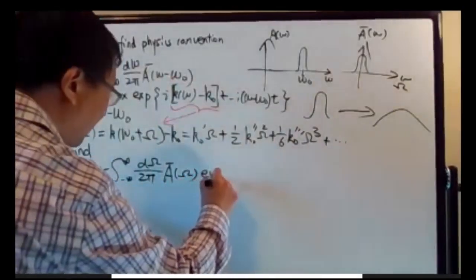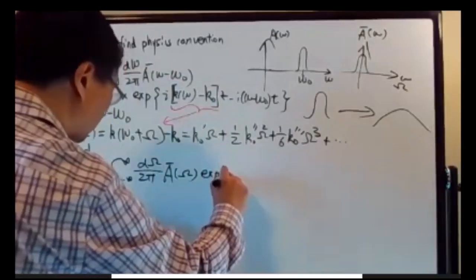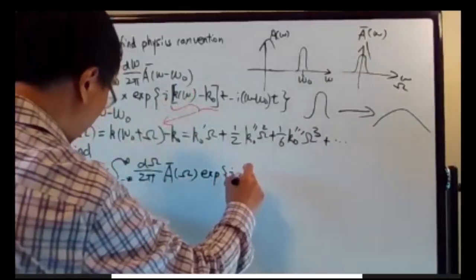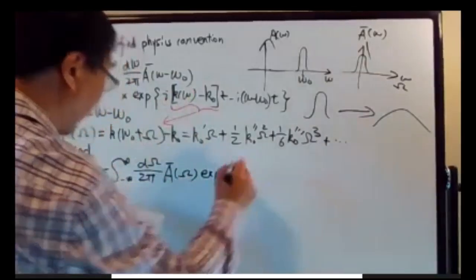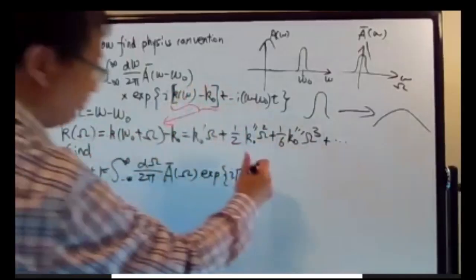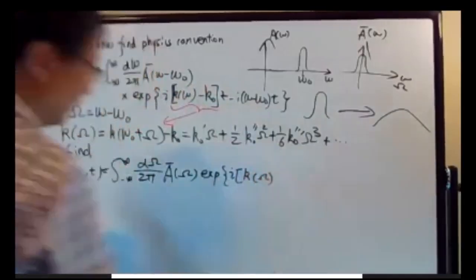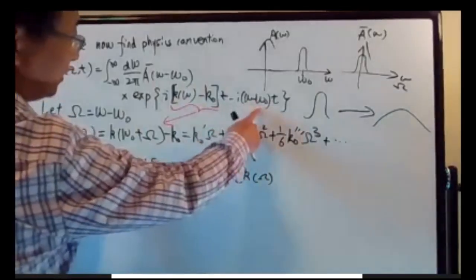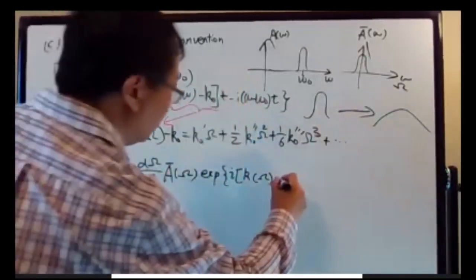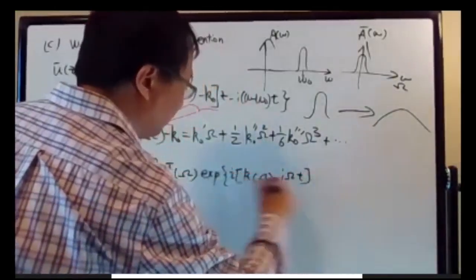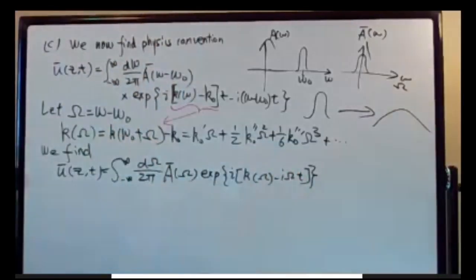Then we multiply by the exponential, curly bracket, i, and then this piece we define as k(omega), a bunch of items. And then omega minus omega naught is capital omega, minus capital omega t, right bracket, curly bracket. Okay, so let me read.